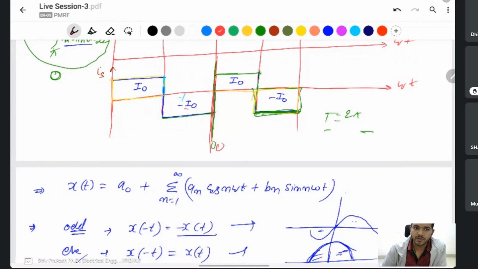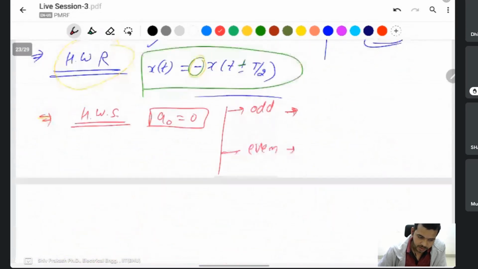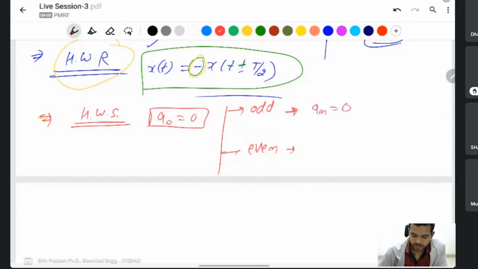If an odd signal is present, then A naught is equal to 0 and only Bn is present. You calculate Bn and find the Fourier analysis. If it is an even signal, then Bn will be 0, and you find An and calculate the Fourier series. So the Fourier series can be found from only one calculation.